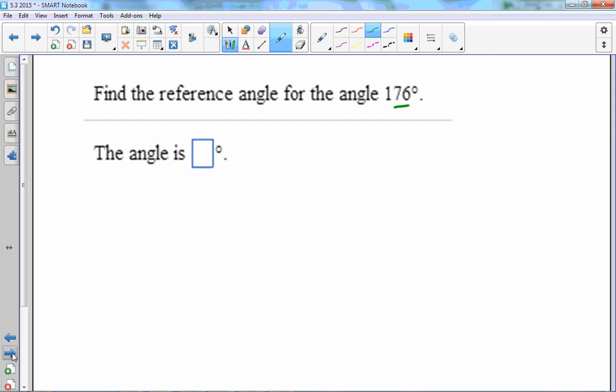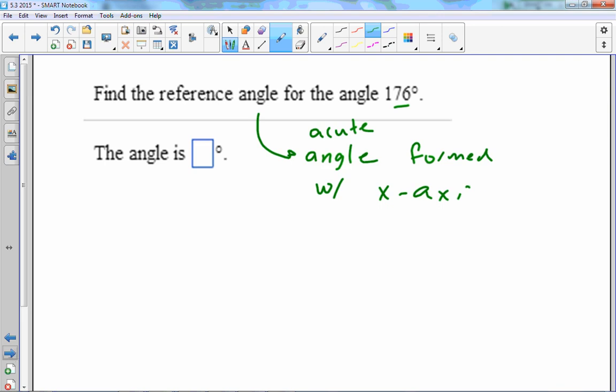A reference angle, let me back up, is the acute angle formed with the x-axis. So we know 176 should be in the second.